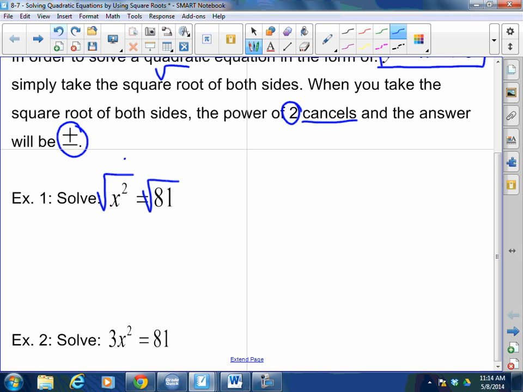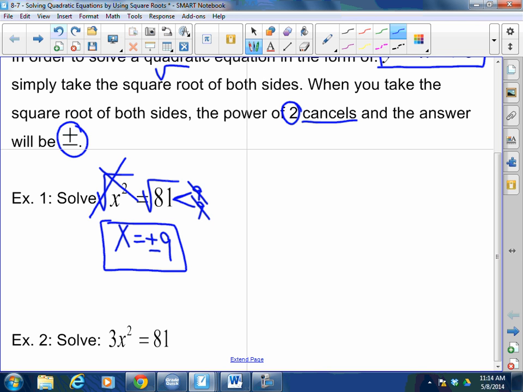The square root symbol cancels out the exponent. So I'm left with x equals, 81 breaks up into 9 times 9. A 9 and a 9 comes out as one 9, but it's plus or minus because 9 times 9 is 81 and negative 9 times negative 9 is 81.